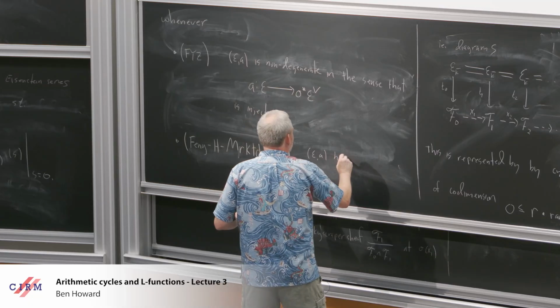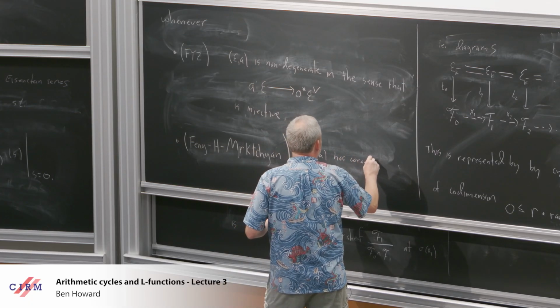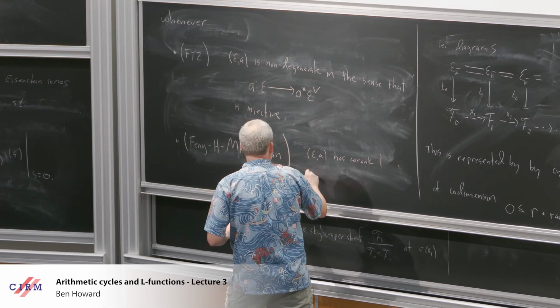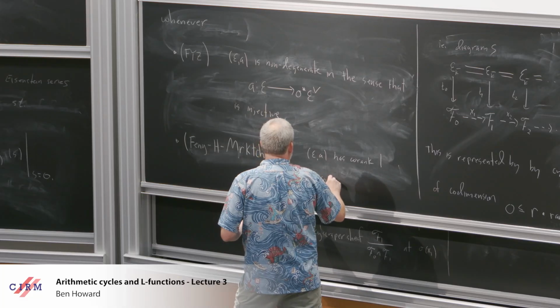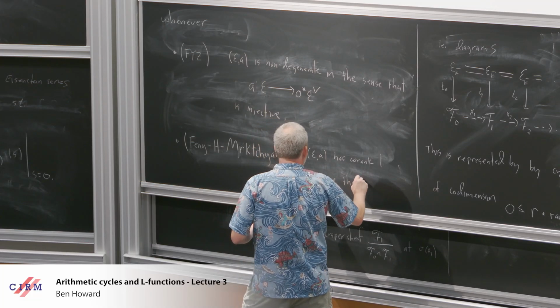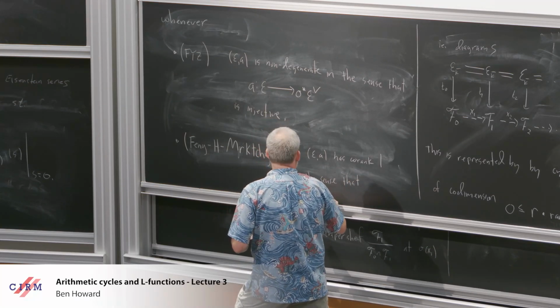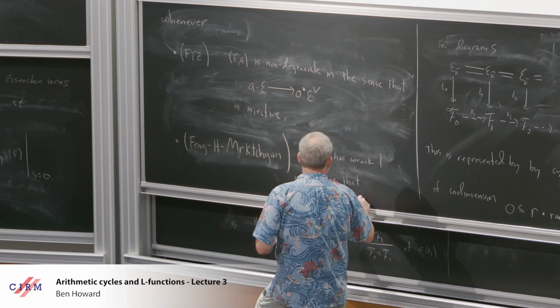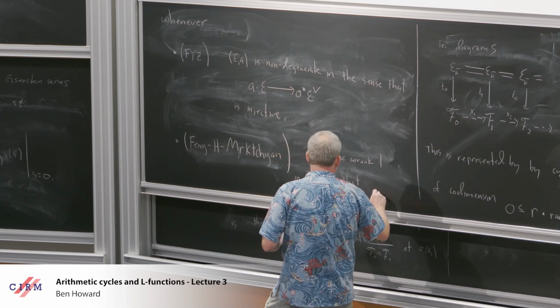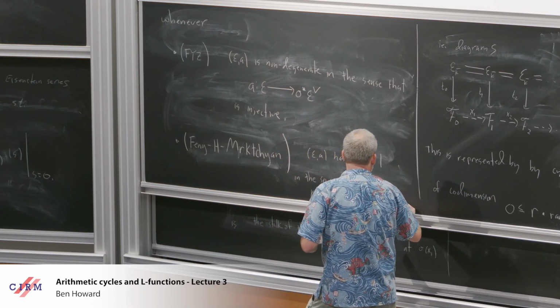EA has co-rank 1, in the sense that the kernel of A is a line bundle.